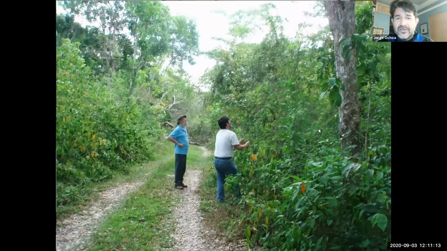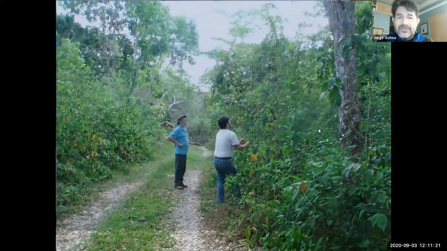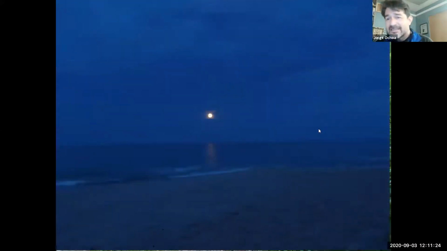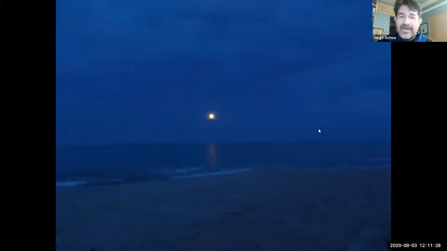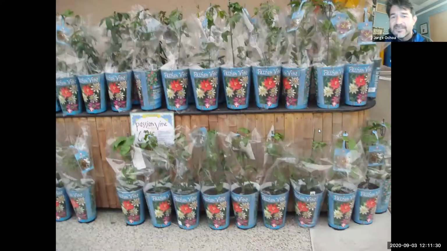And so it is collectors, people that like plants, that are going to go out there and find them. So for now, the sunset comes, the passion flowers go to sleep. In the morning, they're going to find themselves in front of Trader Joe's as an impulse purchase. People are going to buy them, like the flowers, take them home and plant them.